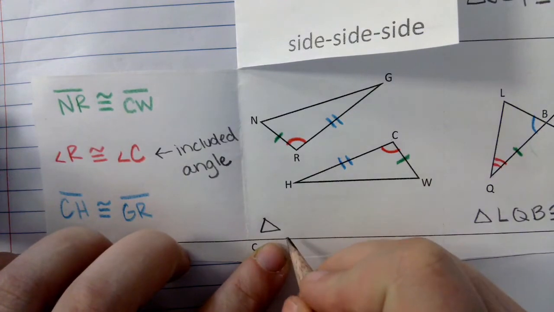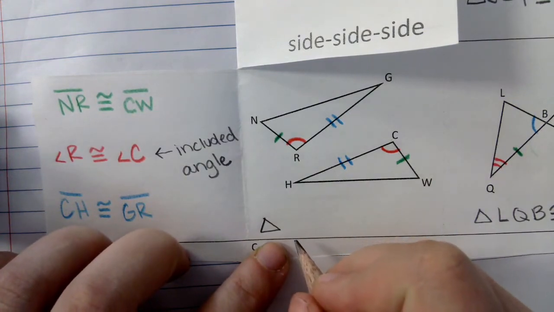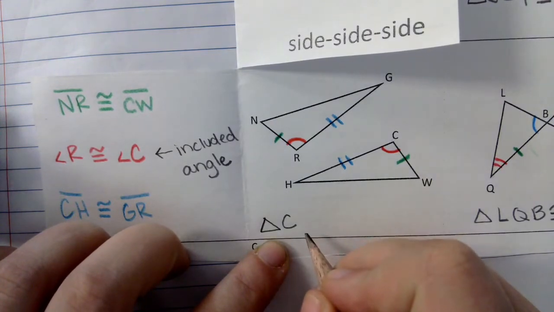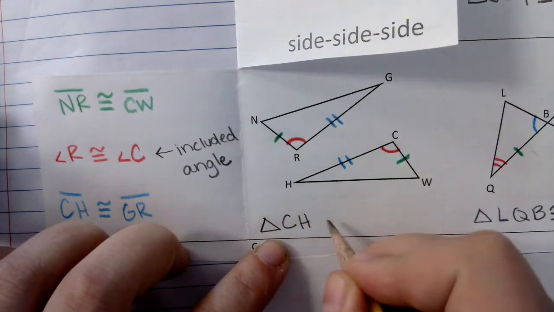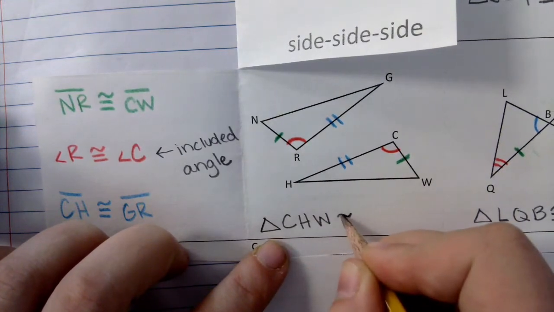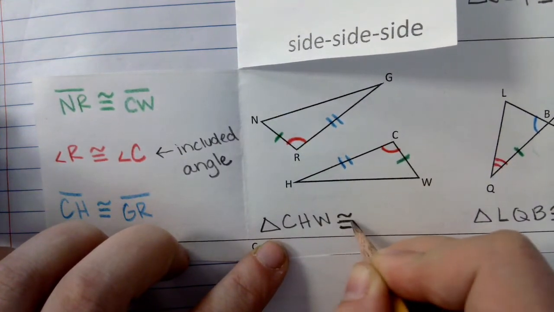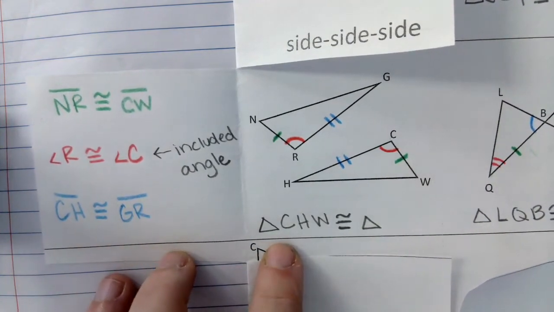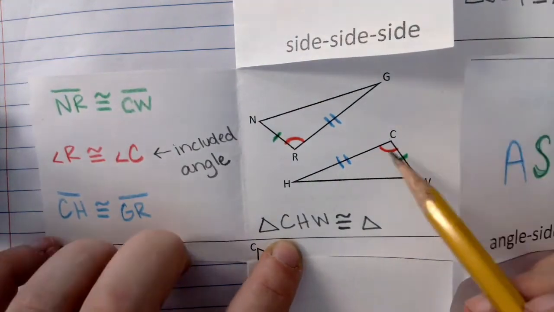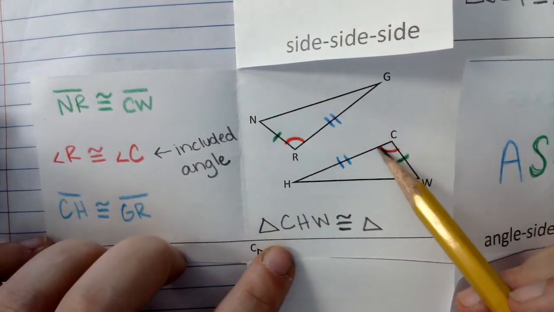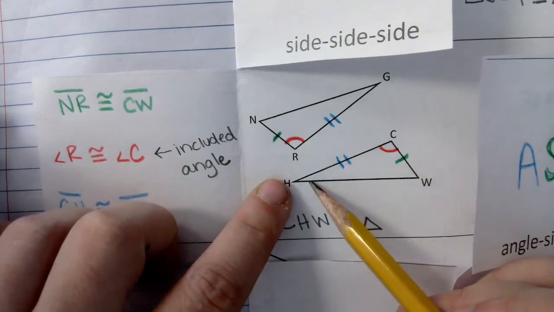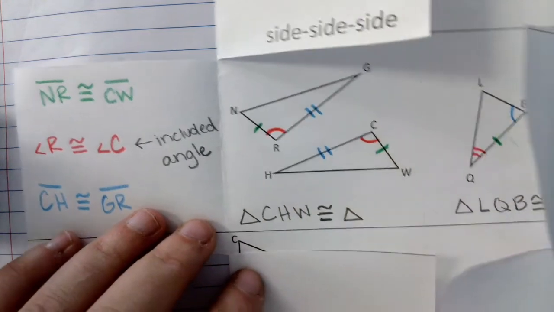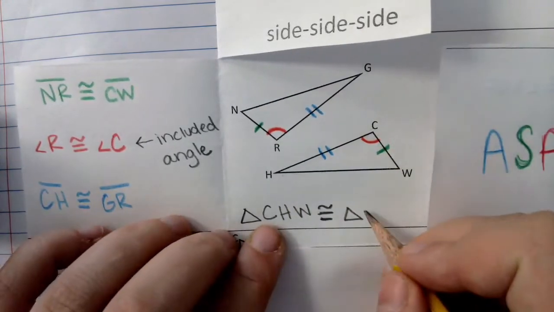So we did C, H, W. If you look, we went from C, that angle that we marked, to H, which was the blue side, and then over to W. So which angle should I start with here? R, because R matches with C. Then what's going to go with H? G. And then at the end, we'll get N. Surprisingly, that's how my last class did it too. Weird.